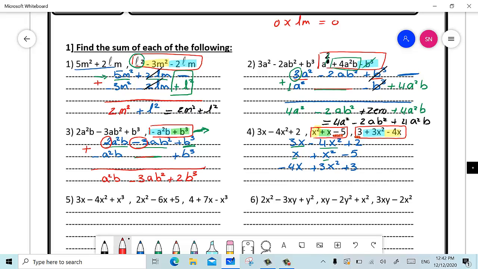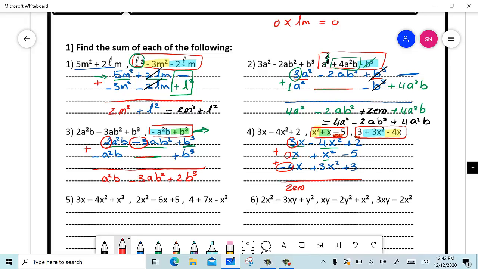And now it's easy to find the sum of the 3 expressions together. We said before that to have a sum, we leave the variable as it is and we add the coefficients. So here I'm adding 3 plus 1 plus negative 4. 3 plus 1 plus negative 4 equals 0. Now let's see the coefficient for x squared.